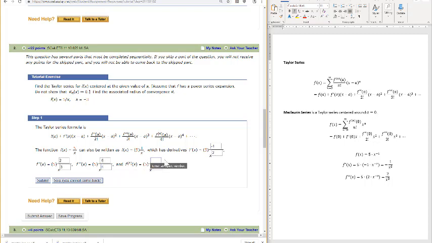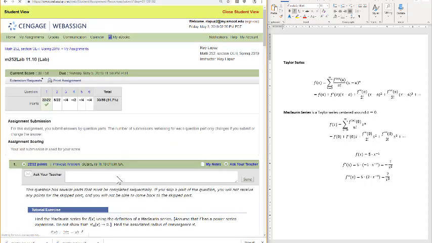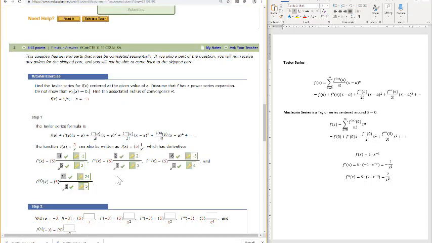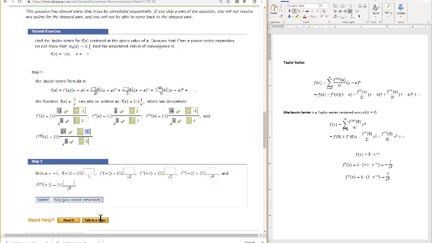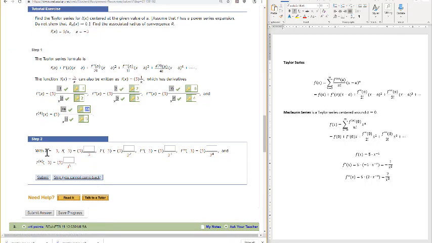That's going to be a positive, and 6 times 4 is 24. Now if you were really paying attention, these numbers 1, 2, 6, and 24 are all factorials. So we can examine that a little bit later.